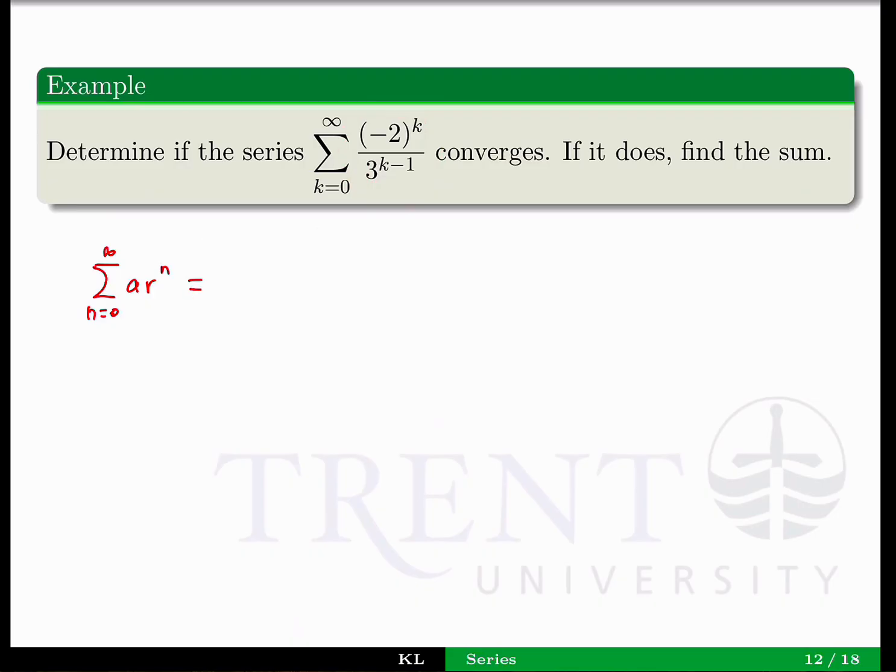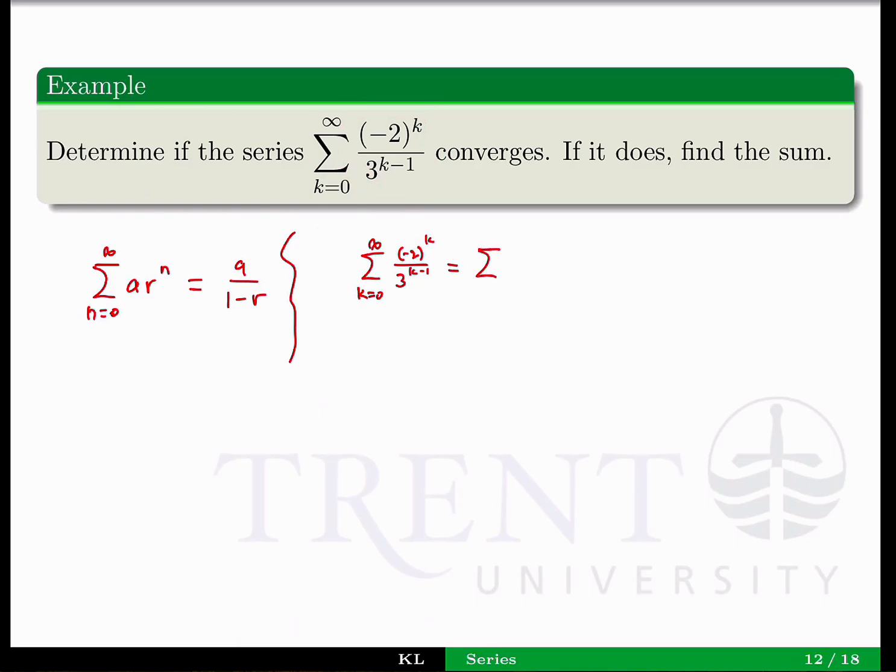So, well, the formula will be a over 1 minus r. Let us rewrite the sum of negative 2 to the k over 3 to the k minus 1, k from 0 to plus infinity.